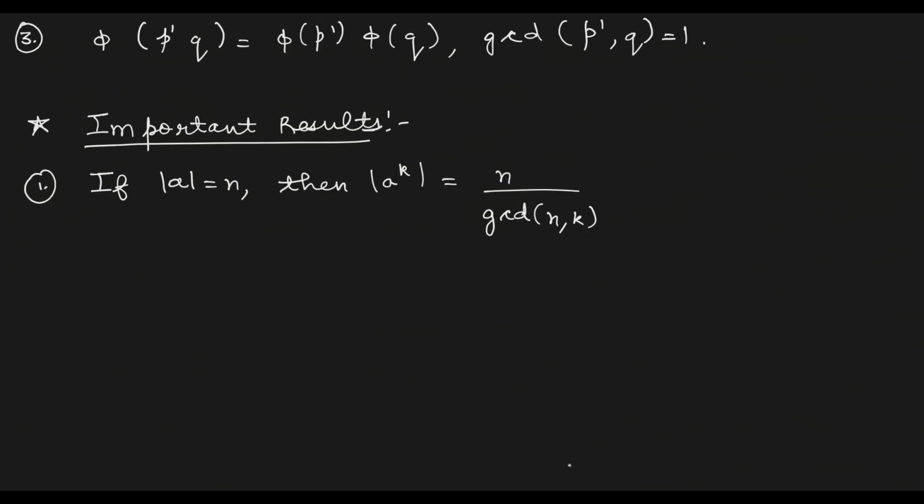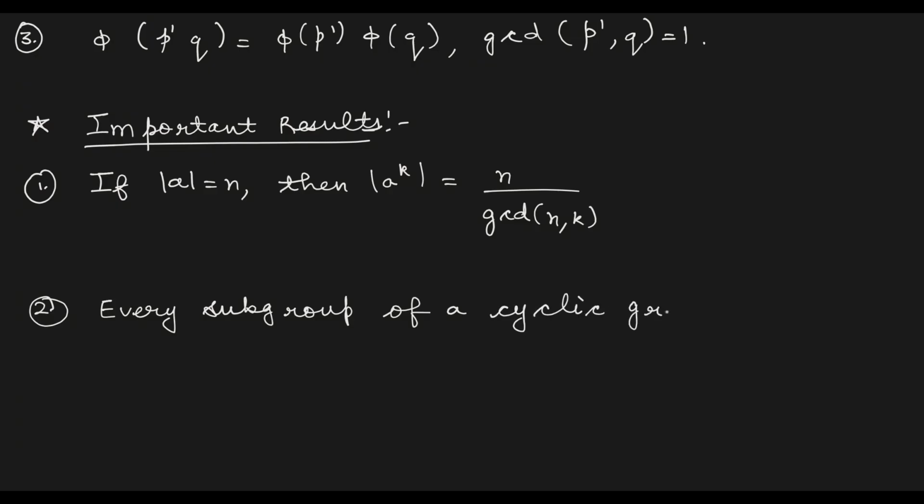Second, every subgroup of a cyclic group is cyclic. But the converse need not be true.